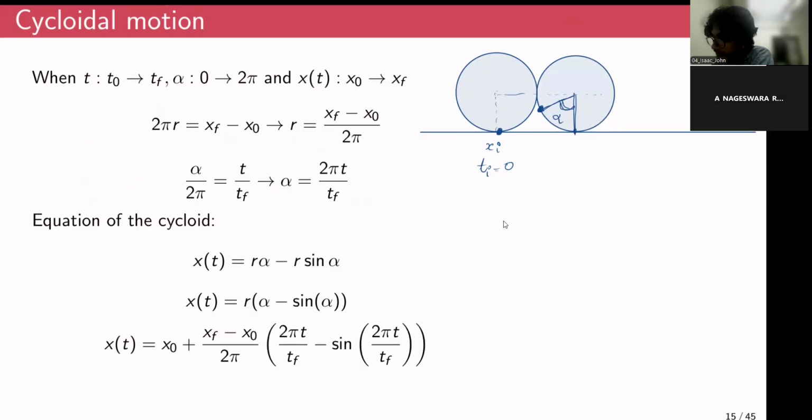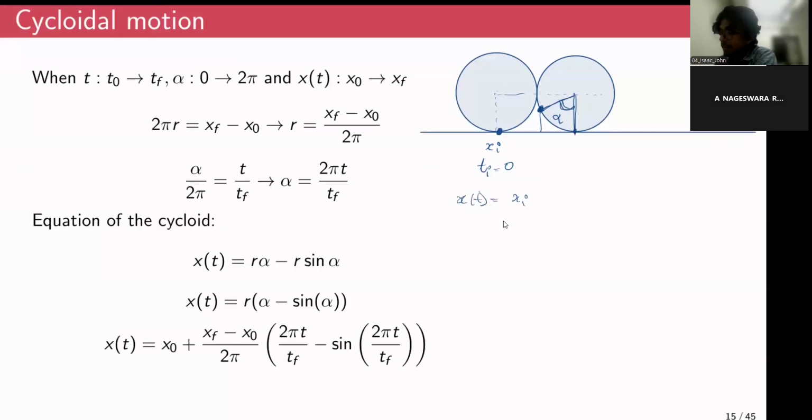So how do we write this governing equation? If you project the locus of all these points onto your x-axis, initially it will be at an initial point xi. So your x of t would be xi plus you want to account for this distance, that is the x distance that it has moved.